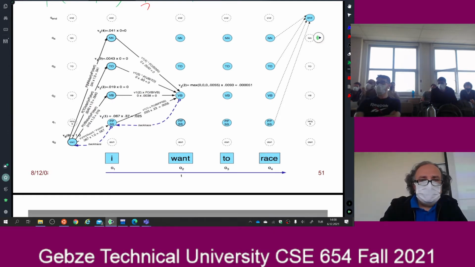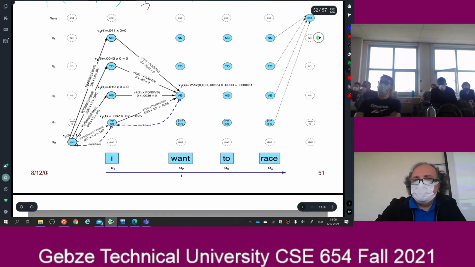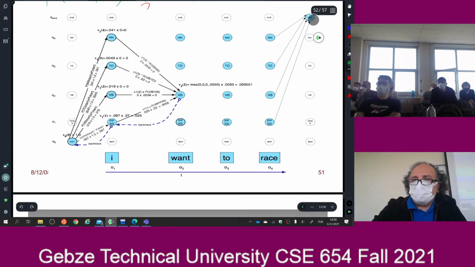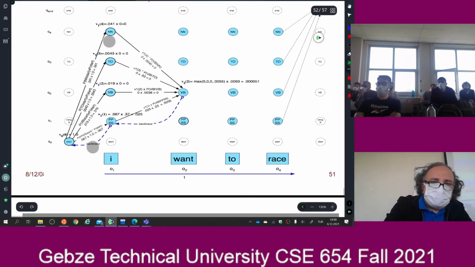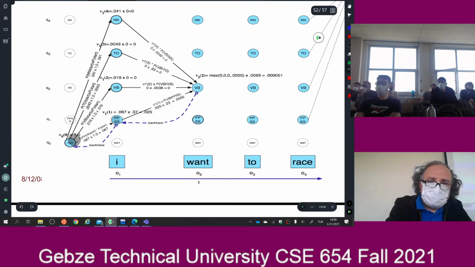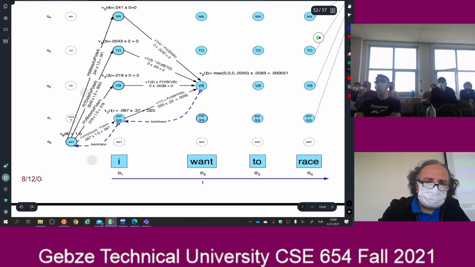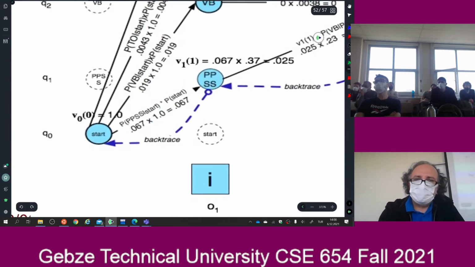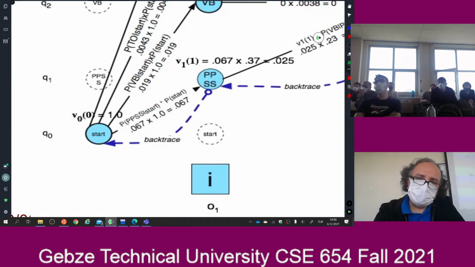okay, remember I had n plus 2 tags. One of the tags is the start tag, the other one is the end tag. You have to start from the start tag and you have to end with an end tag, okay. The transition between here and this is this, okay. But let's get this number. What does it say? It says 1.0.